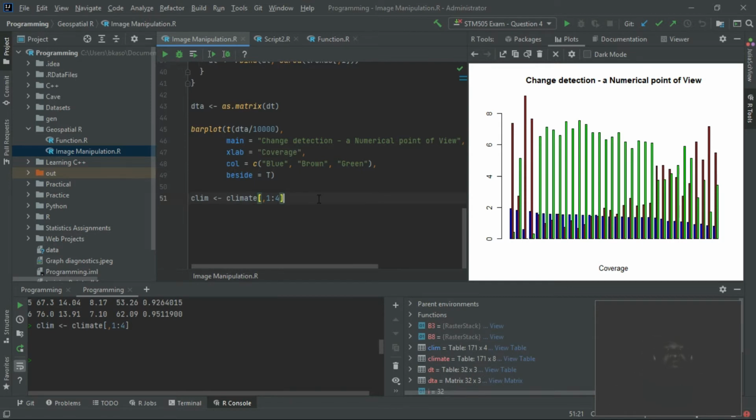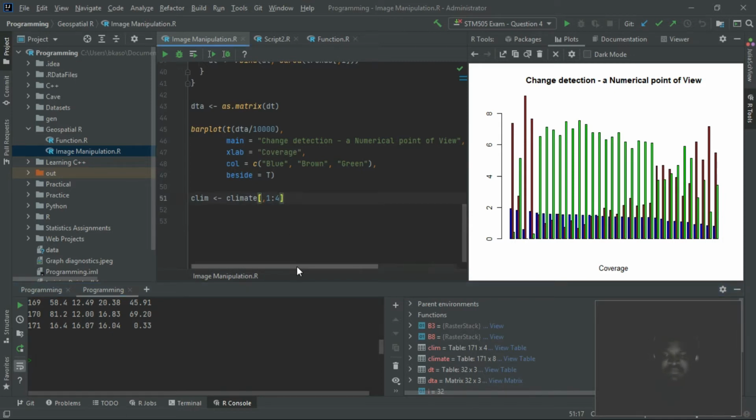So okay, now that we have this data, I want to combine it with the one that we had. But first, I want to know how much data is there in this clim. We've got about 171. So I want to take the last 32 points from 171.